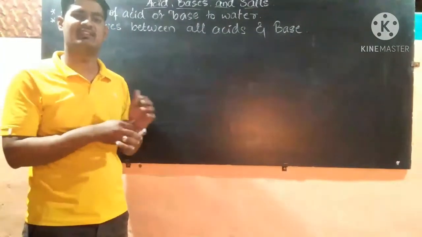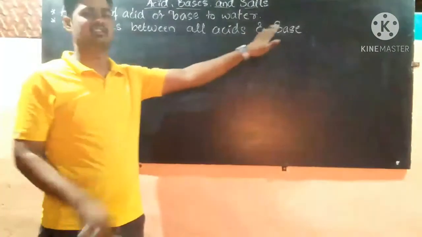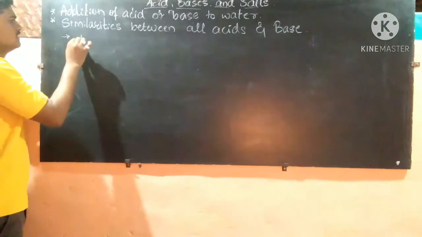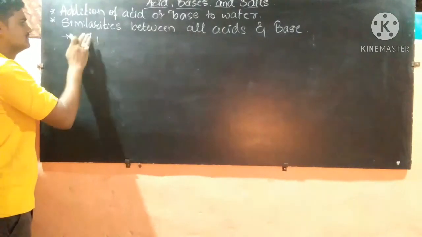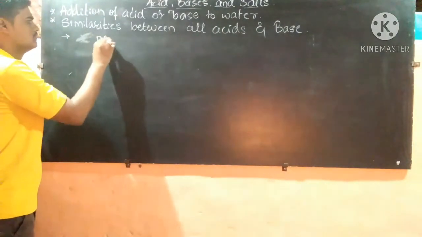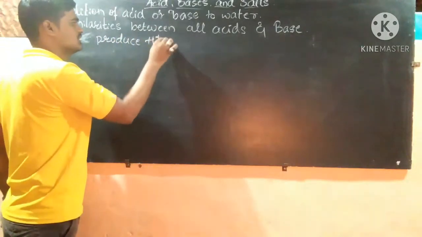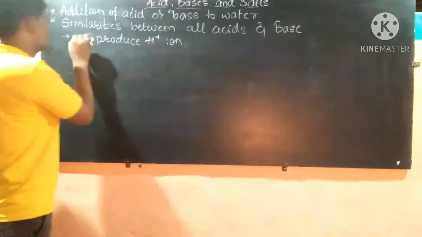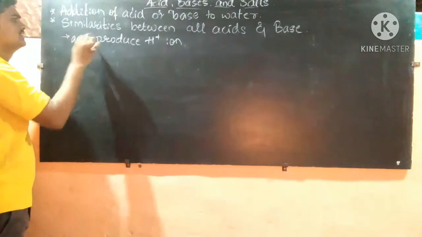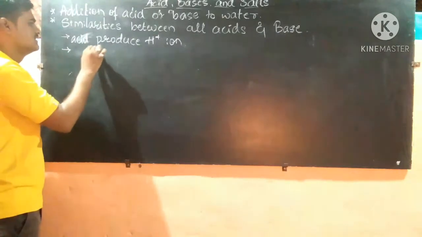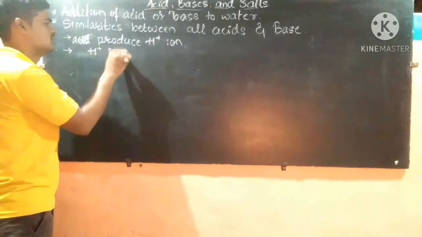What are the similar ions present in the acids and bases? We will study. All the acids will produce H plus ions. Acids produce H plus ions, and it is having H plus ion in common.